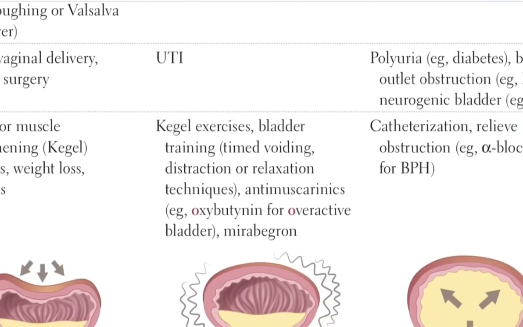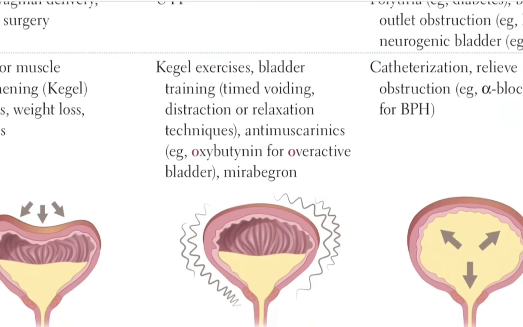The major treatment of urgency incontinence is again Kegel's exercise and bladder training. So what is bladder training? It's basically training your bladder to void on time, using distraction or relaxation techniques. The medical treatments include antimuscarinics, that is oxybutynin.